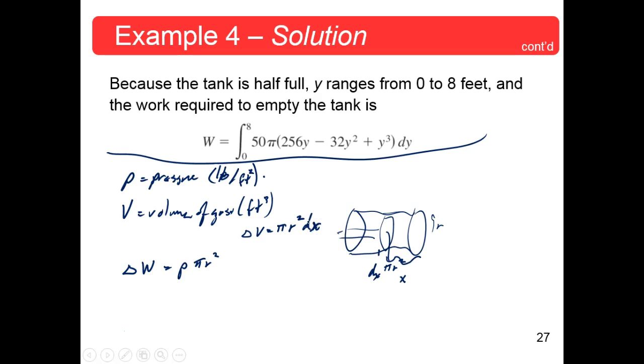Pi r squared is the area of that cylinder and piston, and the dx is how far it moves, so that's going to be your volume. And so your incremental volume would be that dx.